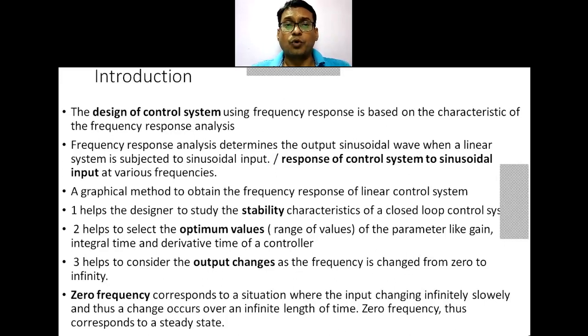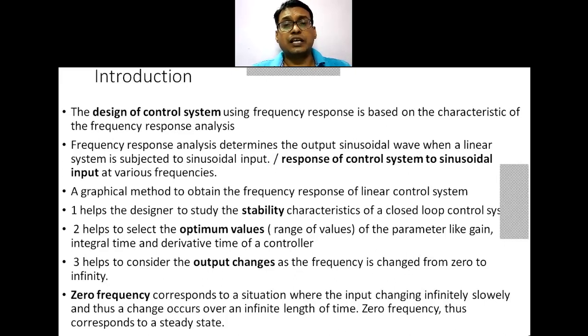So it is more essential to focus on these sinusoidal systems where you get the response in a sinusoidal manner. So it is better to give a detailed understanding related to the response of these control systems where you get the sinusoidal output. So using the frequency response is based on the characteristics of frequency response analysis.